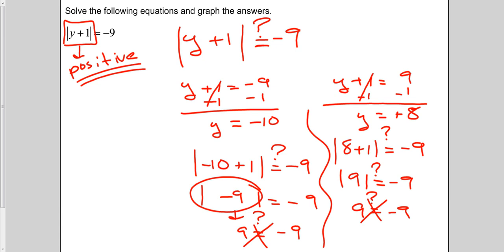This does not work. Since this is not possible, things that are always false get us no solution. So that's important to recognize that this doesn't make sense the way it's written. The absolute value, when it's by itself, has to equal a positive number.